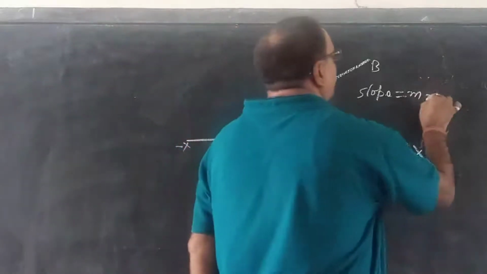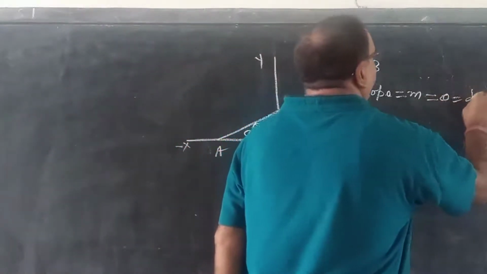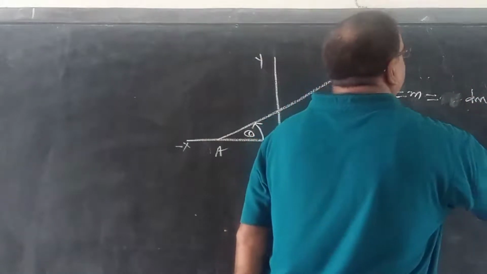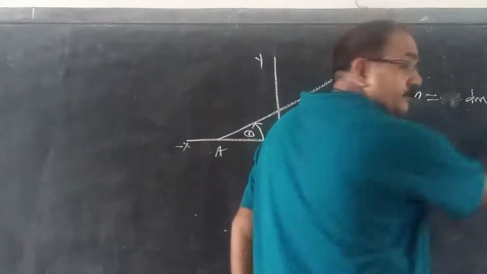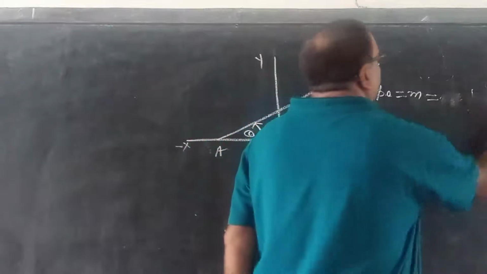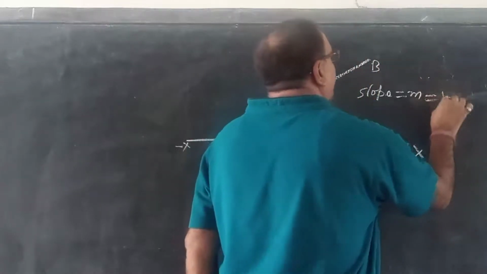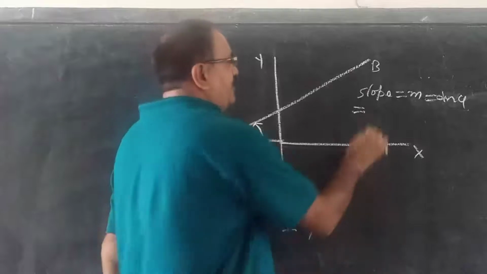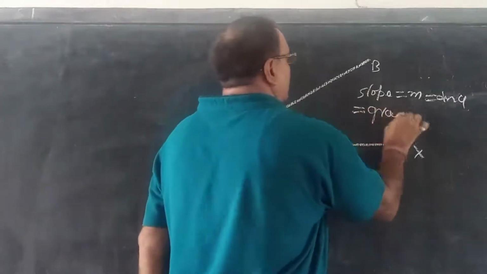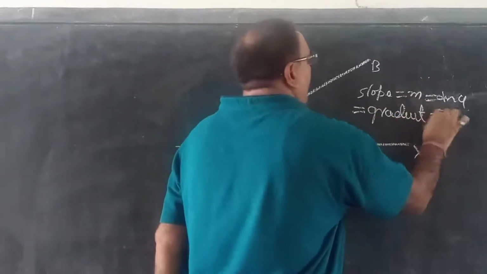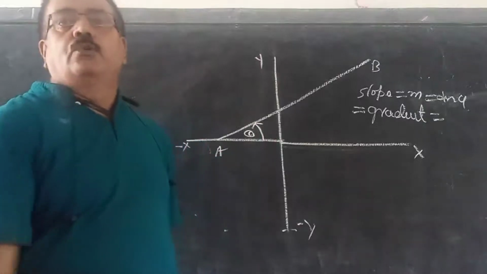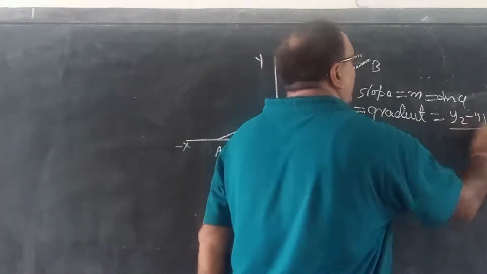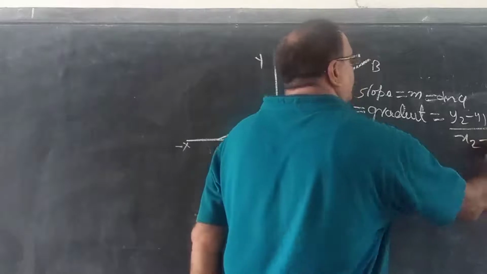This is equal to tan theta. This is also known as gradient. And this is also equal to y2 minus y1 by x2 minus x1.